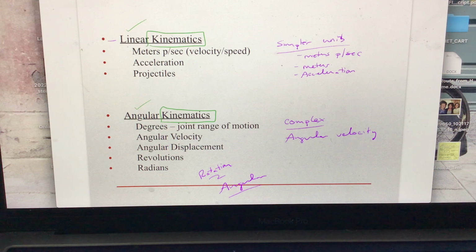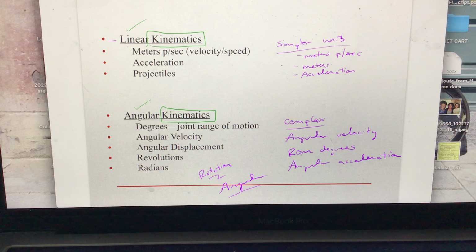Even degrees, like range of motion degrees. It's around an axis. But more complex, it could even be like angular acceleration. See that on your notes there? If it was just acceleration, it's going to be a measure of linear kinematics, mostly. But once I add that angular or rotational, you're going to automatically think angular kinematics.